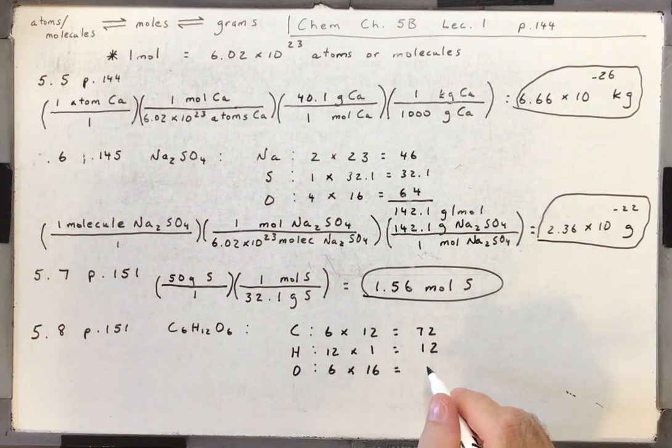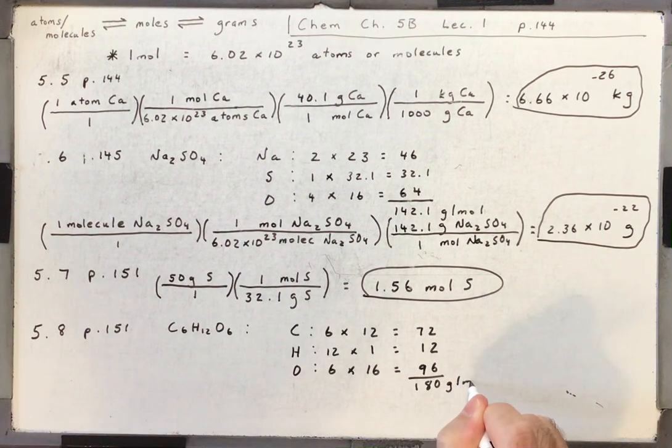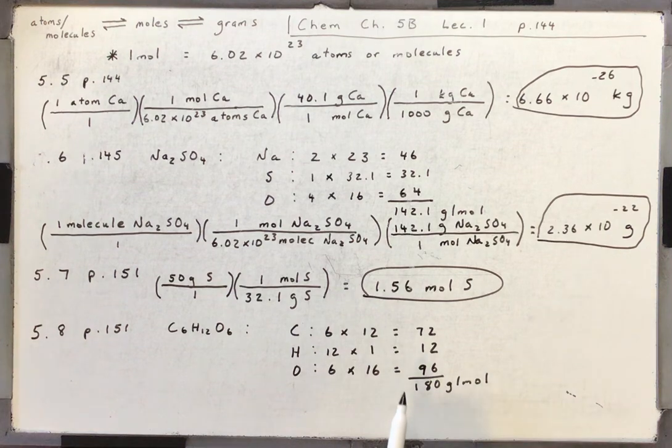So that would be 96. So that's 180 grams per mole. So that's how many grams are in a mole of glucose. If you have 6.02 times 10 to the 23rd molecules of glucose, it will weigh 180 grams.